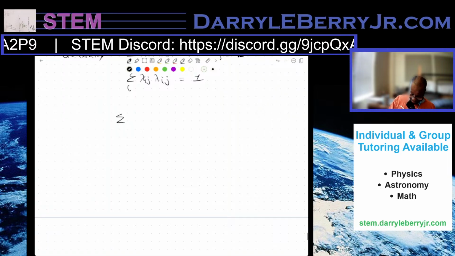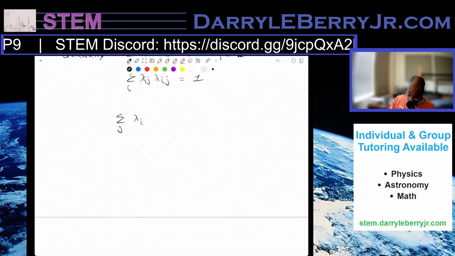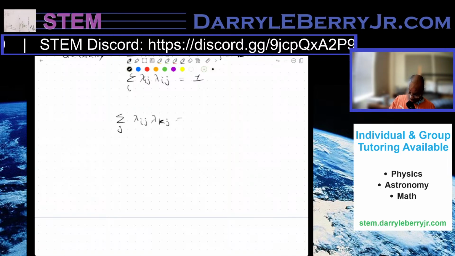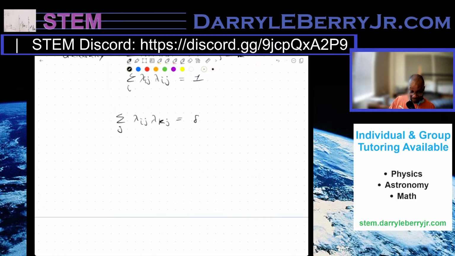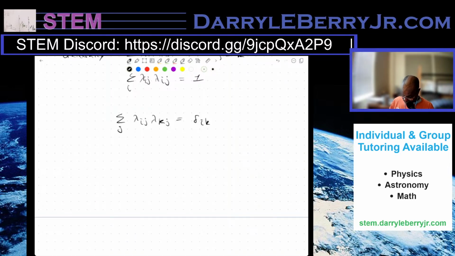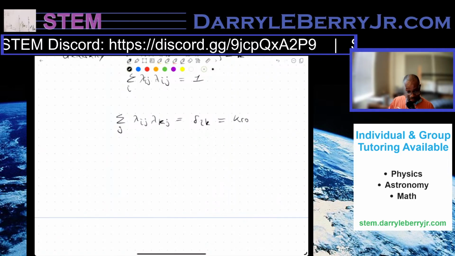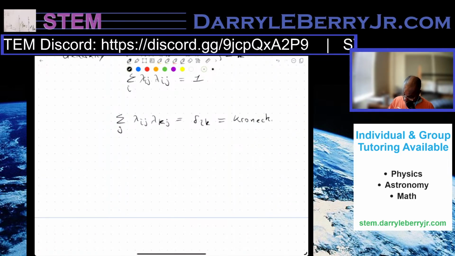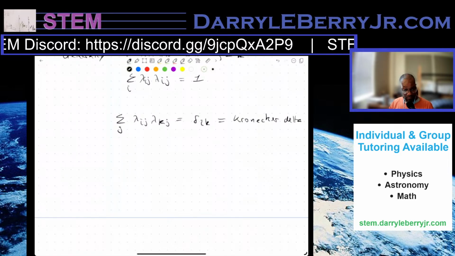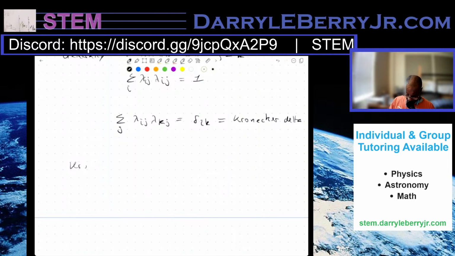So it comes up as the sum over j of lambda ij lambda kj equals the Kronecker delta ik, mixing up my deltas. That's the Kronecker delta.